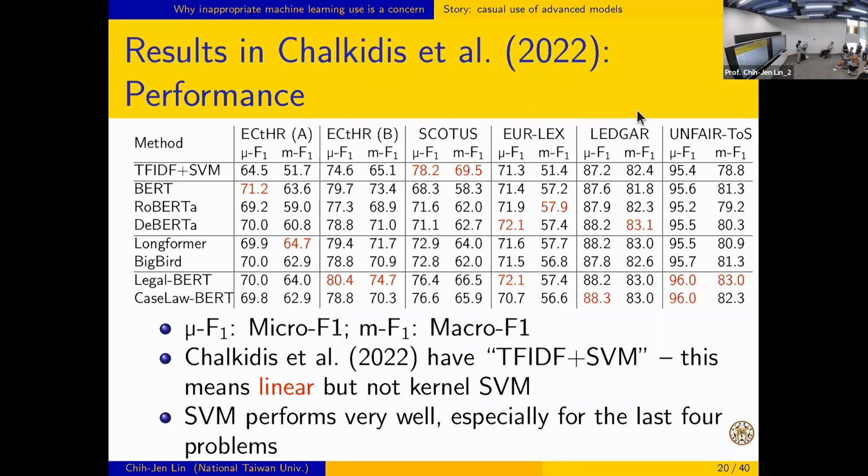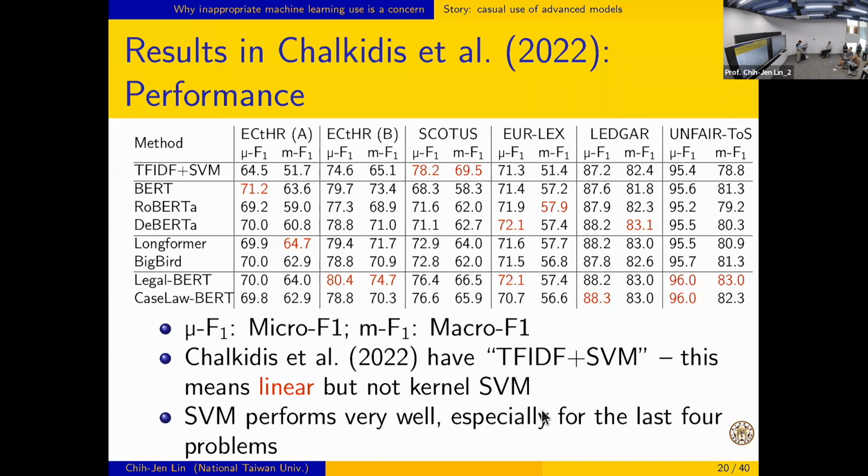Let's check the next one. This is a multi-class data set, I think. So SVM gets 87.2. The best one is 88.3. Yeah, 1% difference, not very big. Then the last one, SVM gets micro 95.4, and the best is 96. Not very different, right?